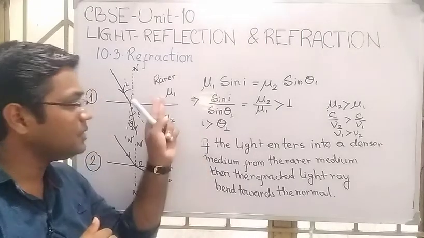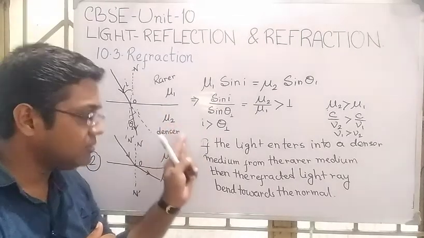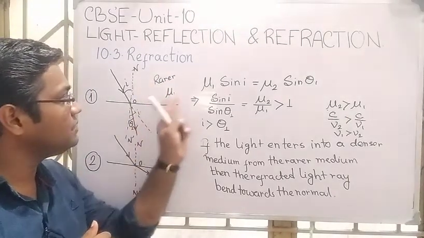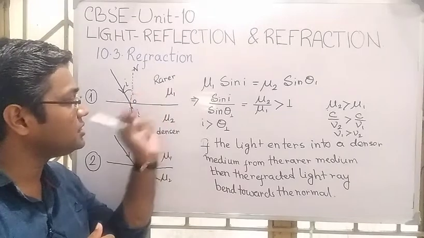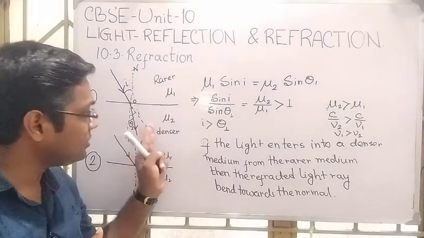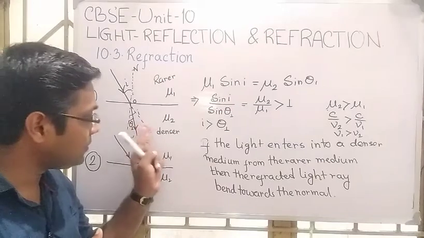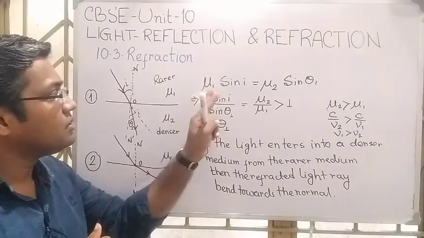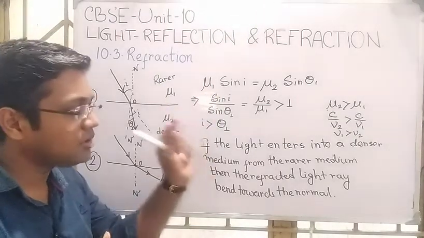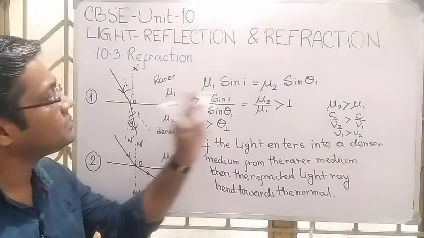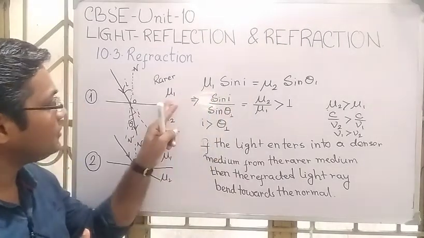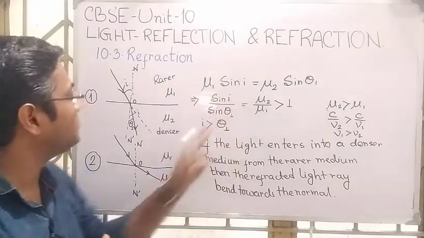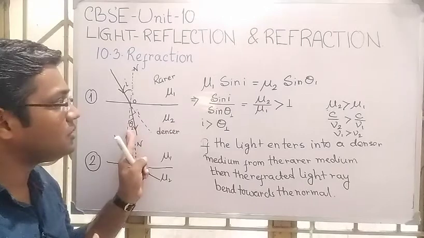The speed of light in the upper medium is greater and in the lower medium is less. So the upper is the rarer medium, and the lower is comparatively denser. We can write down Snell's law of refraction as mu1 sin I equal to mu2 sin theta 1.